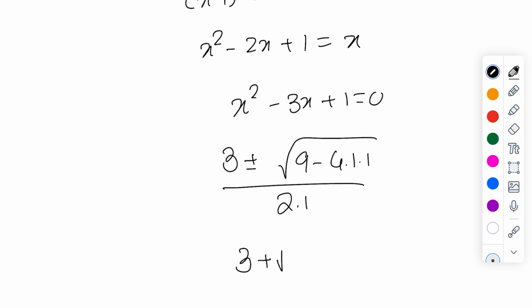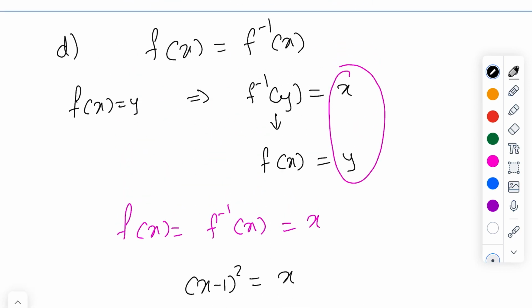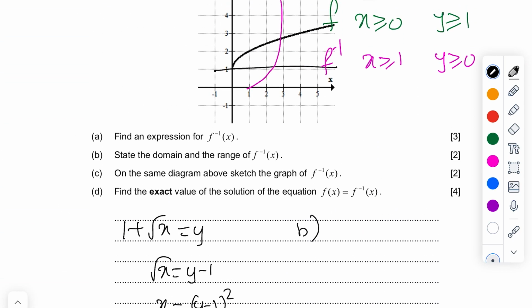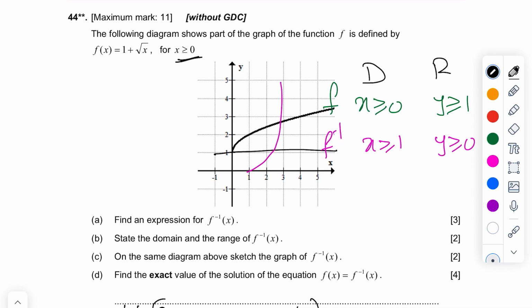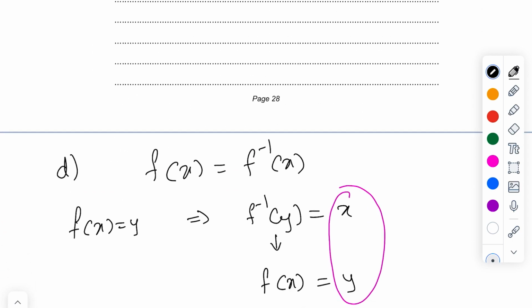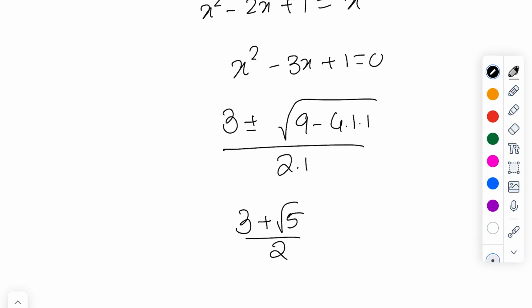So it becomes 3 plus square root of 5 upon 2. I take only the positive value, because according to the values, we have to take only the positive one. Only one answer, and not 3 minus square root of 5. So therefore the answer is 3 plus square root of 5 upon 2.